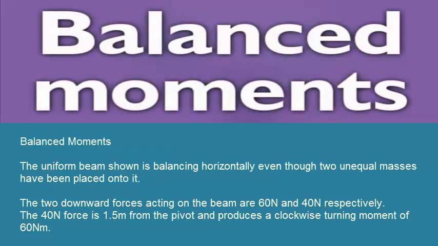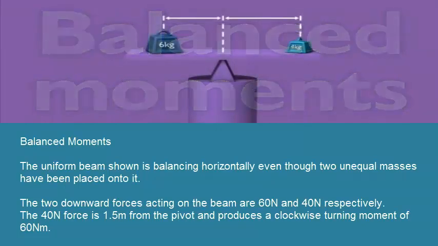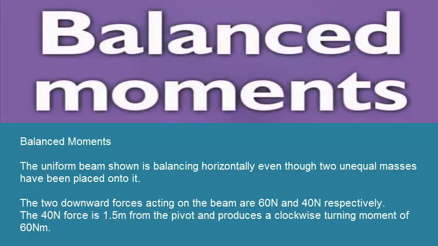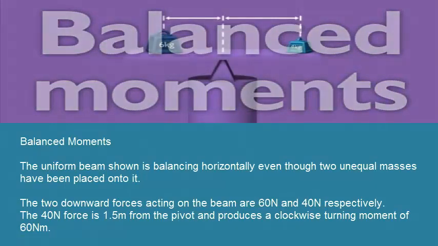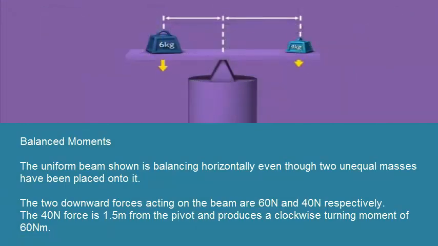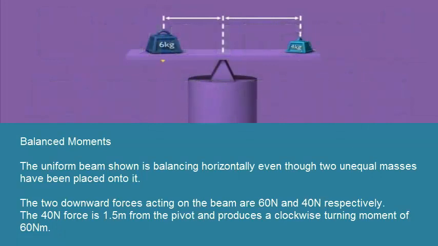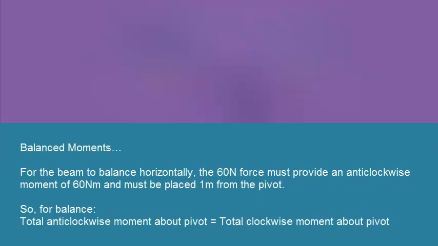Balanced moments. The uniform beam shown is balancing horizontally, even though 2 unequal masses have been placed onto it. The 2 downward forces acting on the beam are 60 newtons and 40 newtons respectively. The 40 newton force is 1.5 meters from the pivot and produces a clockwise turning moment of 60 newton meters.